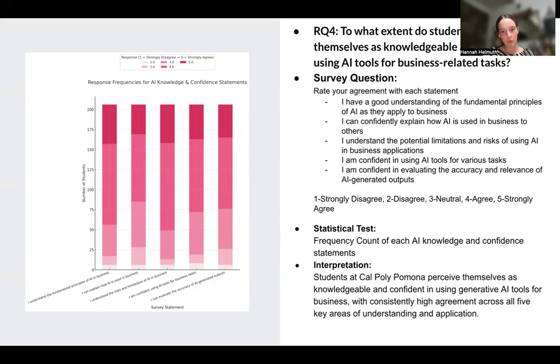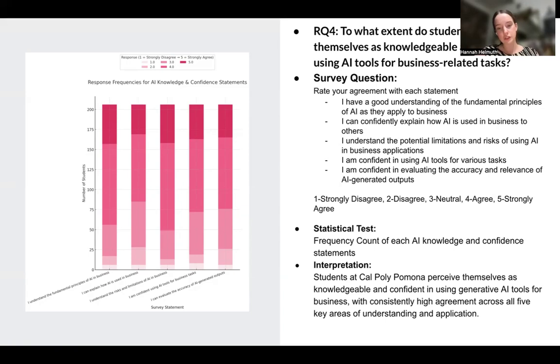As you can see here on the left-hand side in the table, we did a frequency count of each of the AI knowledge and confidence statements, because that's what the statements focused on: AI knowledge and the confidence levels of the students.